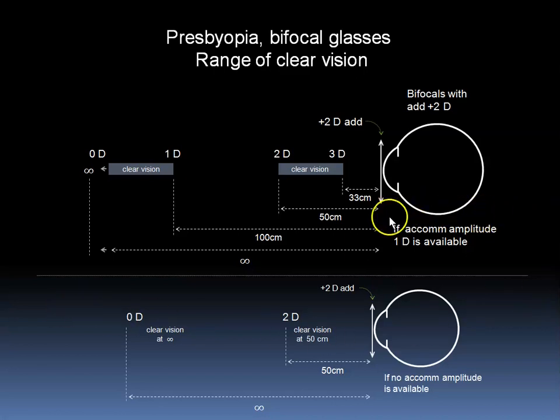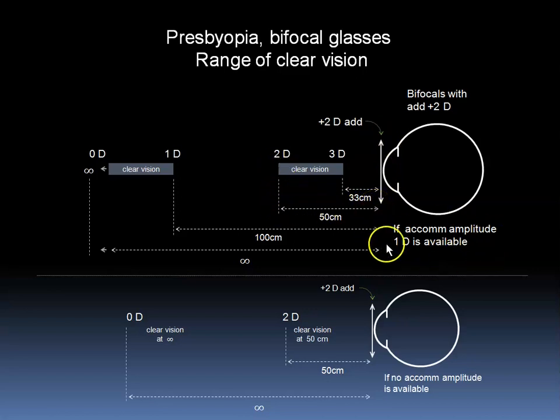Let's say that a person has an accommodative amplitude of 1 diopter. Say this person is emmetropic and looking through a +2 diopter lens. If not accommodating, this person can see at 50 centimeters clearly.